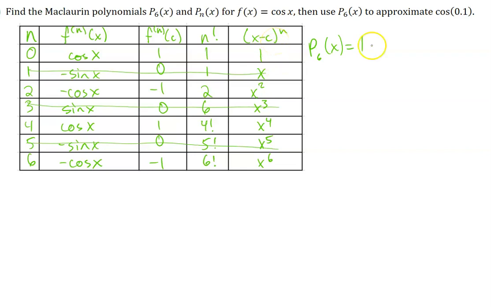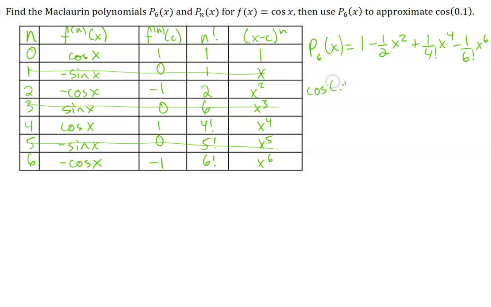So my next term ends up being minus 1/2 x squared from this divided by this times this, and then plus 1 over 4 factorial x to the 4th, and minus 1 over 6 factorial x to the 6th. So this is my 6th degree polynomial. And then if I want to approximate cosine of 0.1, I can plug 0.1 into that.